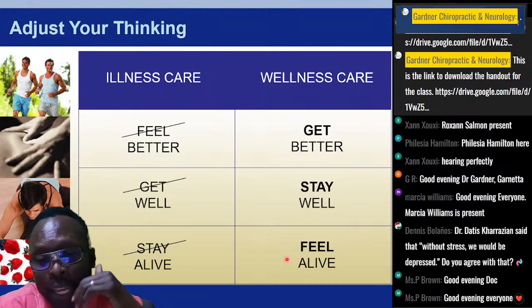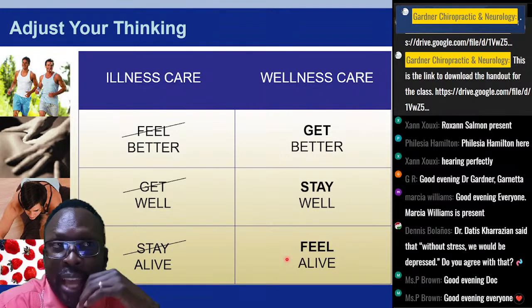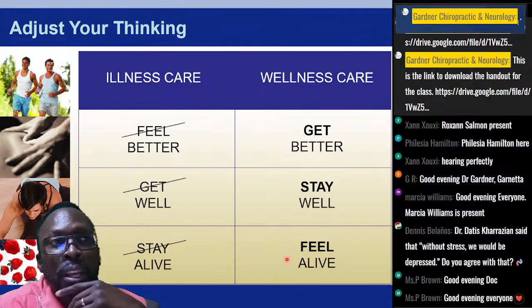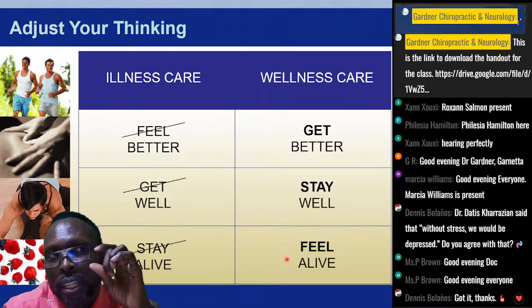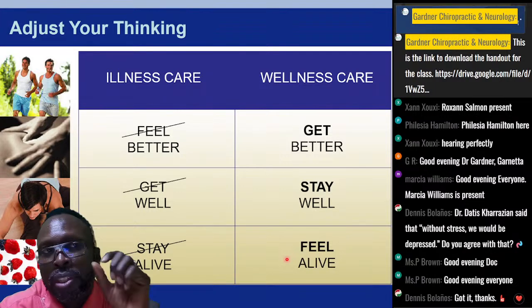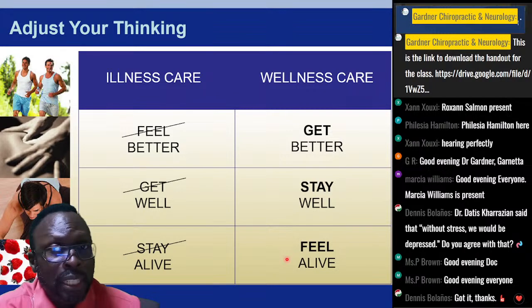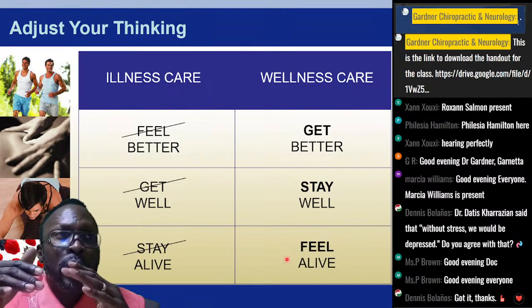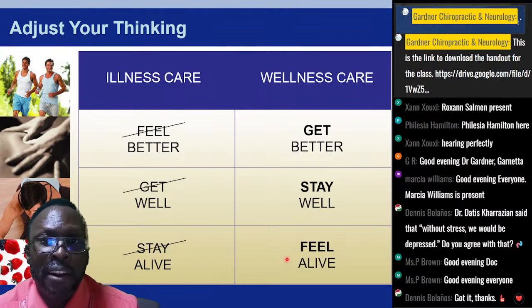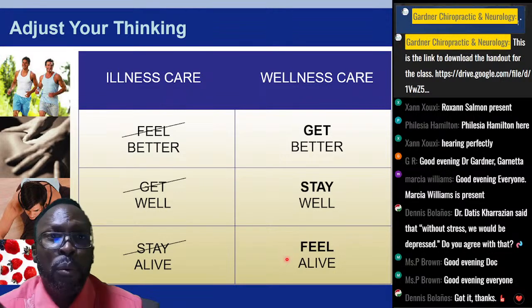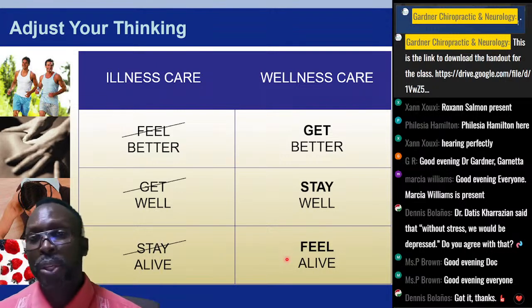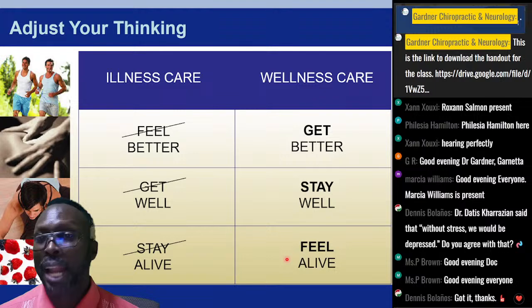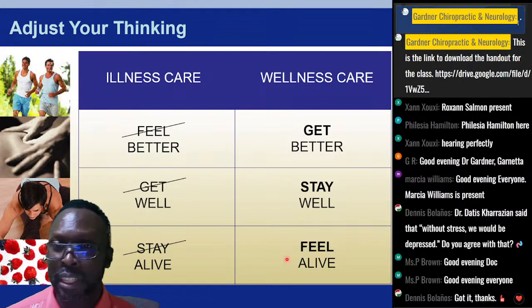So I am inclined to agree that without stress, we are weaker, which may predispose us to depression. But I wouldn't necessarily make the link to say without stress we will be depressed, because it's not a guarantee. No ill health outcome is ever a guarantee, even when you present the person with the conditions that would make that more likely. The only thing that you can say is that it's probably more likely that they may be depressed, but it's not going to guarantee somebody being depressed.